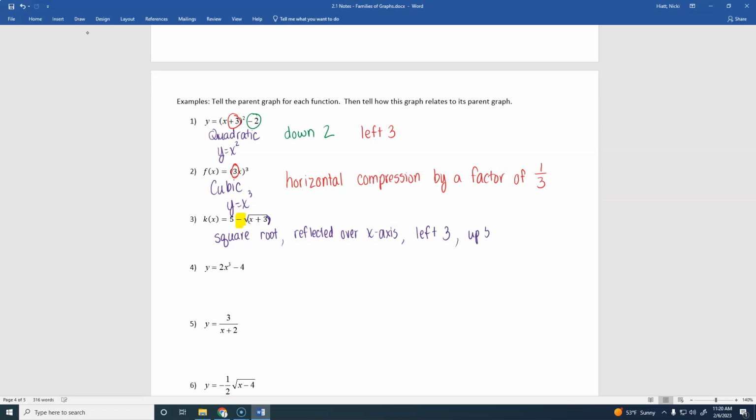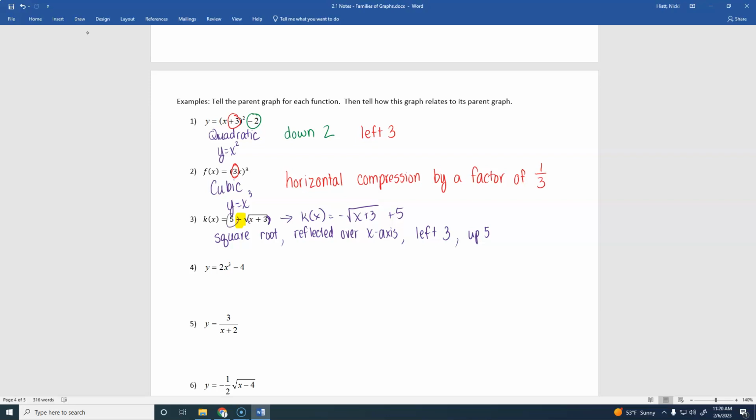All right, the reason it does not shrink or compress, it looks like it should, is that 5 times the square root? Are we multiplying? We are not. So the best way to think about this is we could write this equation this way, negative square root of x plus 3, and we could make this a plus 5 over here on the end. That is what we would more typically see, and I don't think it would confuse us as much if we saw it written there on the end.